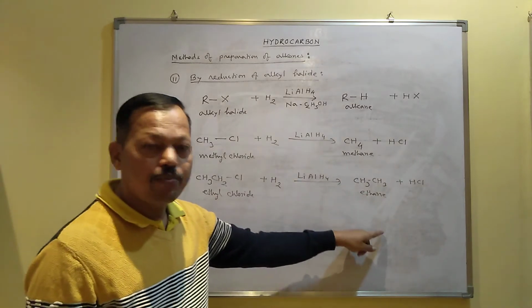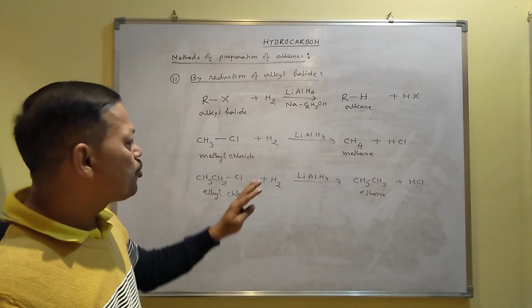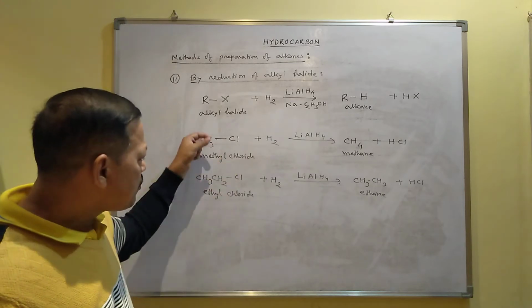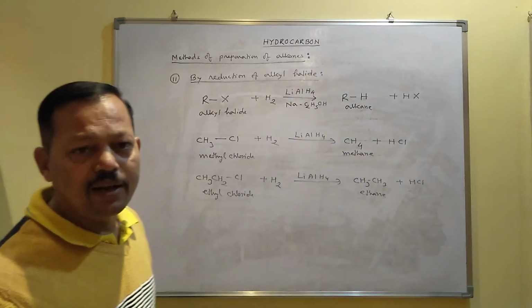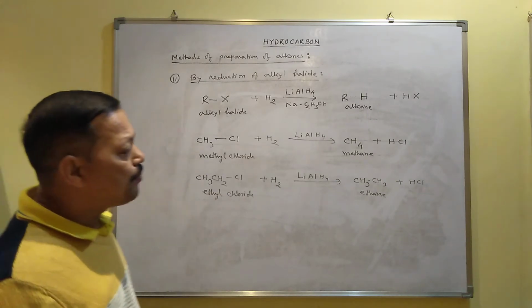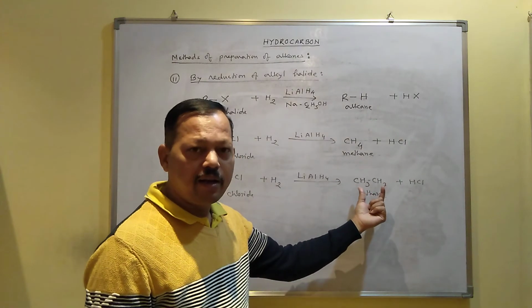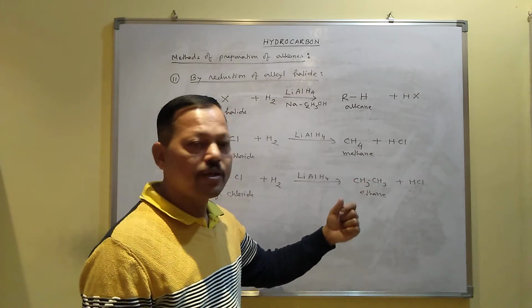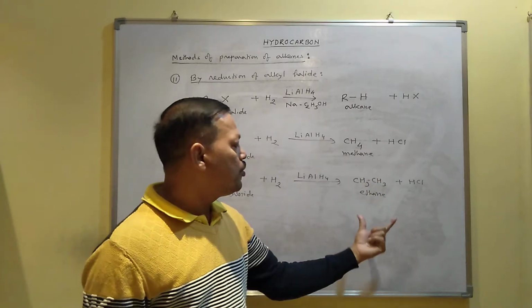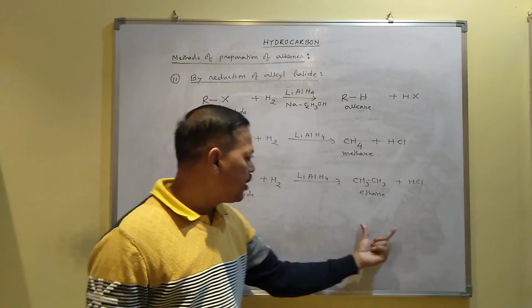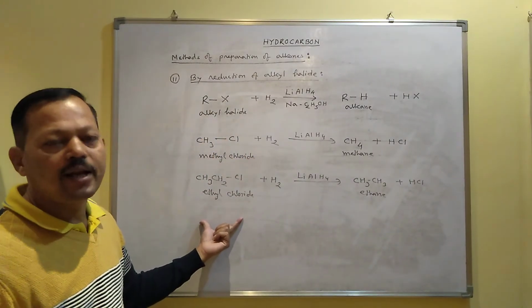If you want to prepare propane, you take propyl chloride. So by taking different alkyl halides, you can prepare different alkanes. So depending on the number of carbons present in the alkane you want to prepare. Suppose you want to prepare propane. Propane contains 3 carbon. If you want to prepare 3 carbon alkane, then you have to take 3 carbon alkyl halide here.